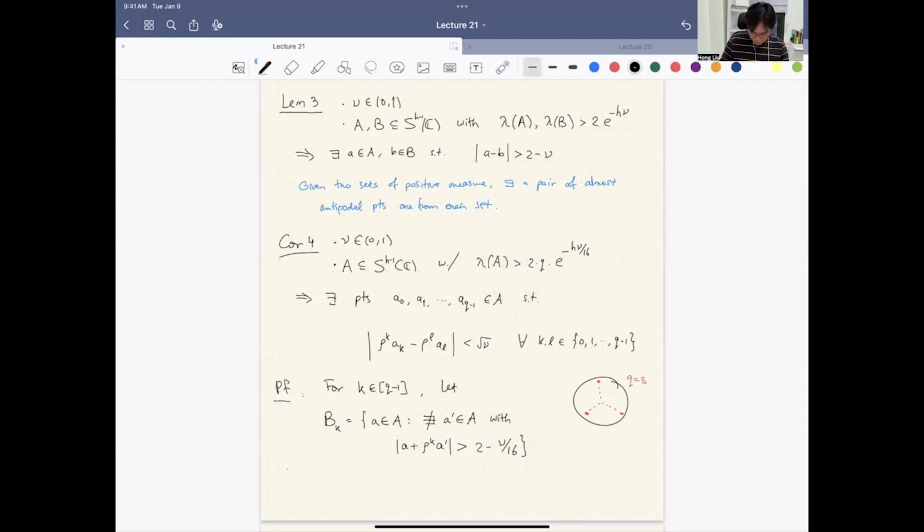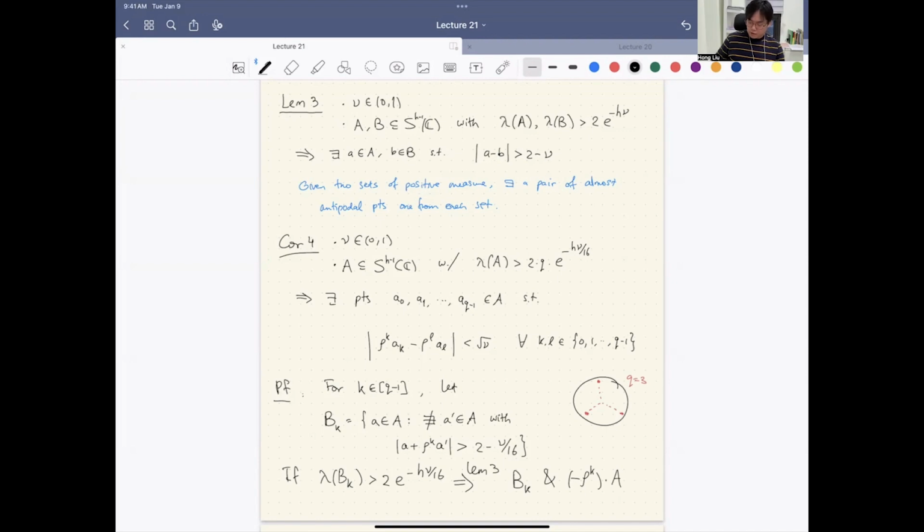So you just apply, let me write it. First note that if the measure of B_k is also large, then by Lemma 3, we apply it to B_k and not A, but the rotation of A by minus rho^k, applying to these two sets.